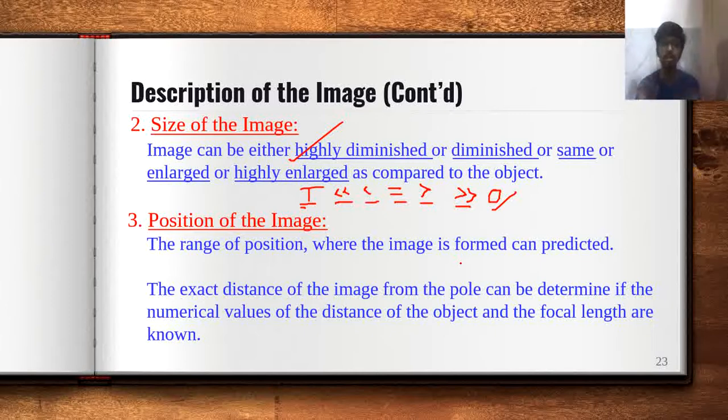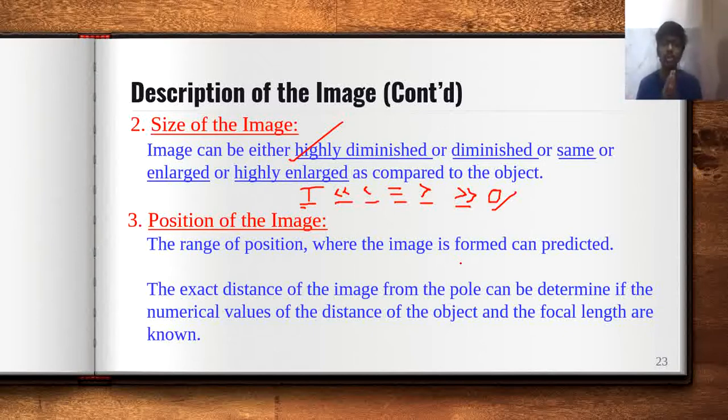When you are discussing a range, without any numerical value of the distance, you say the image can be between the center of curvature and the focus. That is called describing the position of the image by a range.